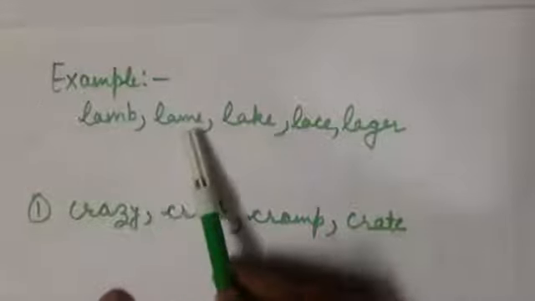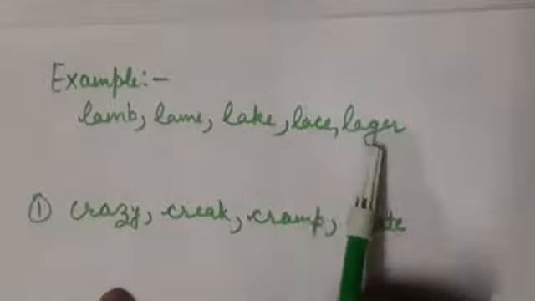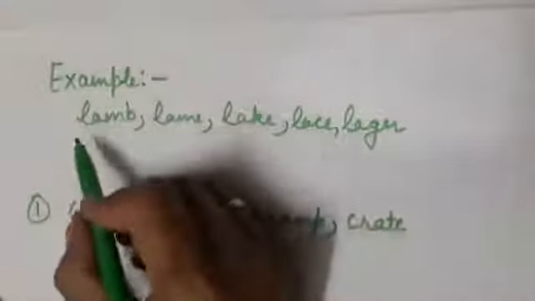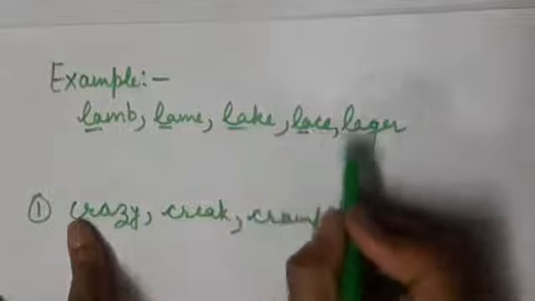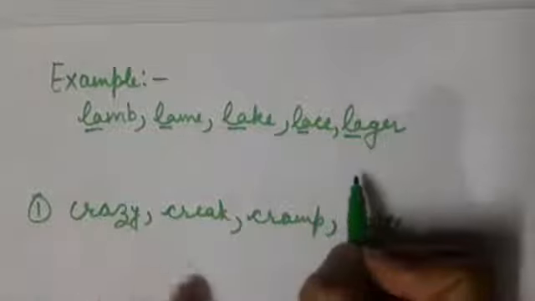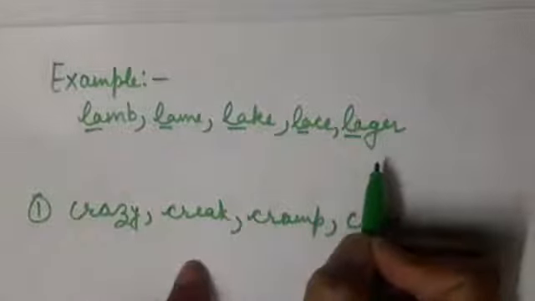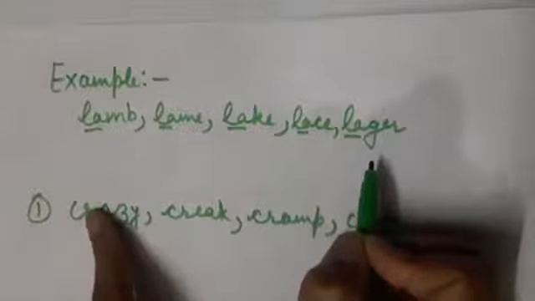First is lamb, lame, lake, lace, lega. So we can see over here that LA is there in each word. So we have to check the third letter.